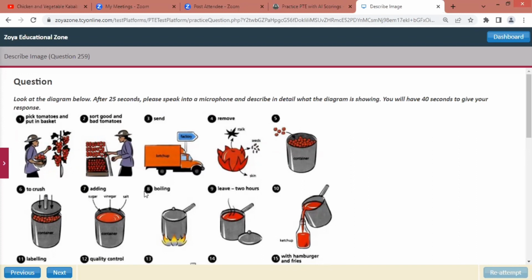It's about boiling and adding, and the last. So 1, 2, 3, 4, 5, 6: crush, adding, boiling, leave 2 hours, and then we have burgers ready for the chefs, for the fries.